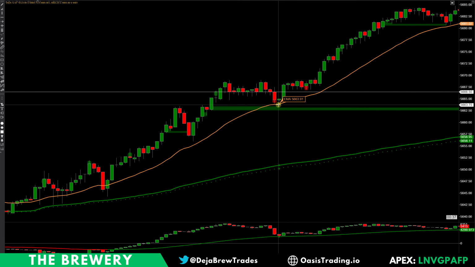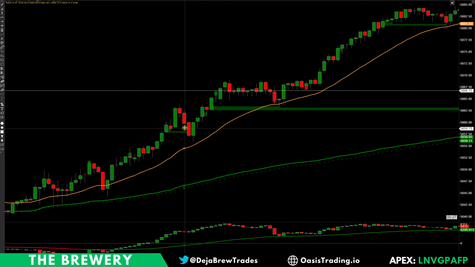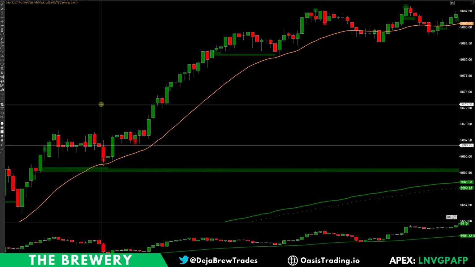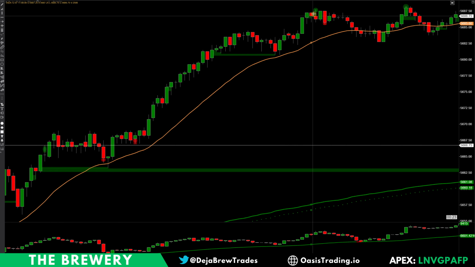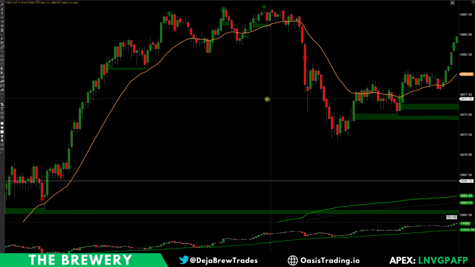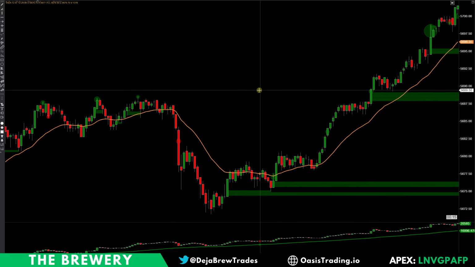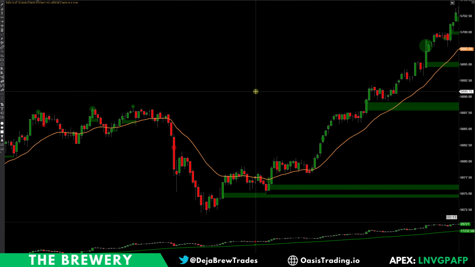So we pulled back, we tried to break that uptrend, it rejected it. It wants to trade away from that level, so once again, it starts to rise. Same thing we saw back here. Rejected the level, continued upward. Same thing here, rejected it, continued upward. Okay, so we look for those rejections that want to push it back into that direction. They want to push it back into that trend.